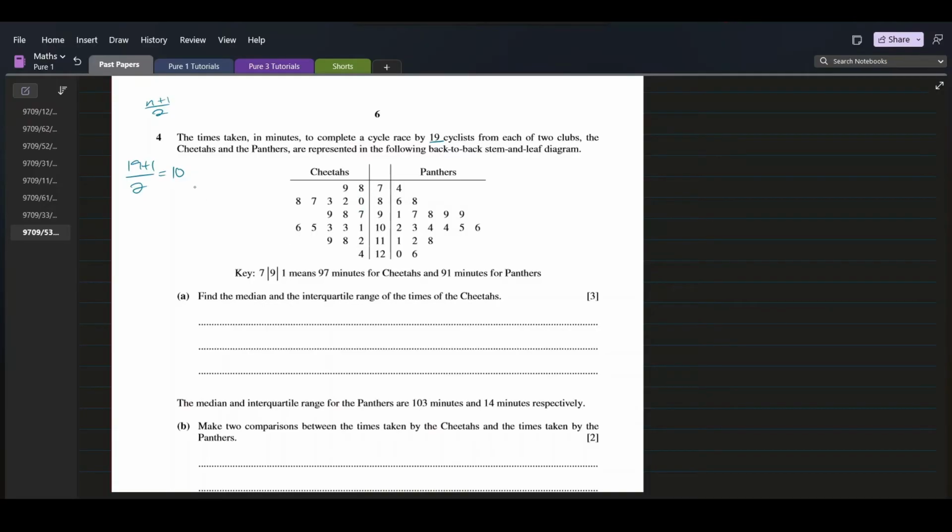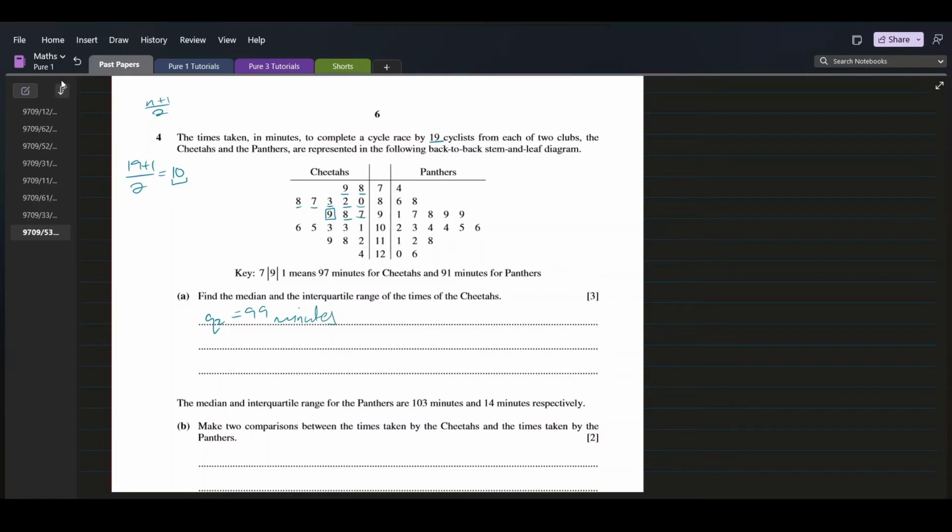So for the Cheetahs, we want to count up to position 10. That's where our median is. So that's 1, 2, 3, 4, 5, 6, 7, 8, 9, 10. So there's our median position, and that's at 99. We can say that Q2 is equal to 99 minutes.